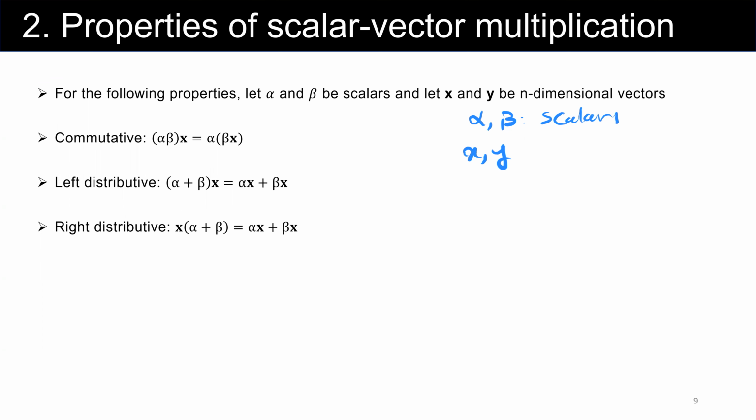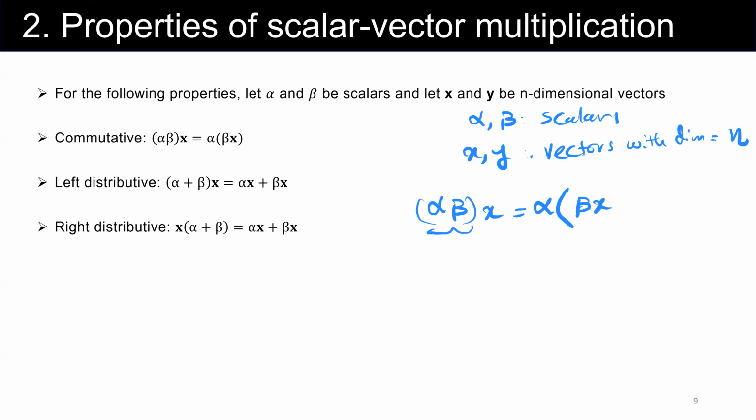We have vectors with dimension equal to n. All right. First of all, it's commutative. So for vector x, alpha beta, which is a scalar, multiplied by vector x is equal to alpha multiplied by beta x.